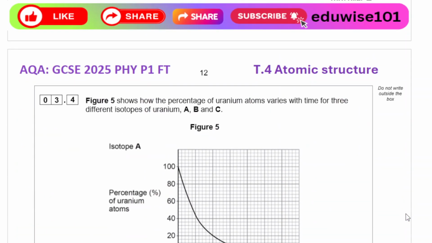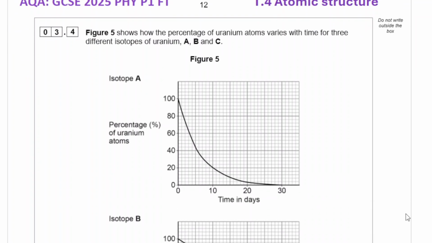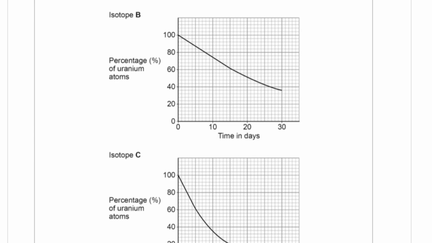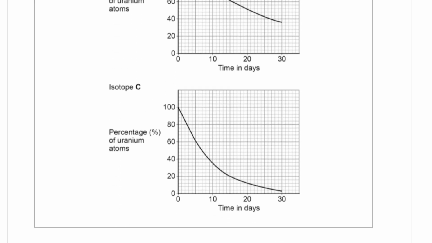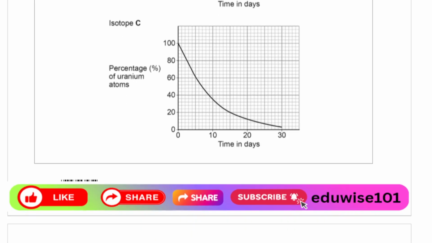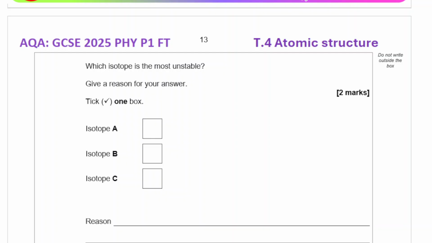Figure 5 shows how the percentage of uranium atoms varies with time for 3 different isotopes of uranium, A, B, and C. So you have uranium, from 100, it takes up to nearly 30. Isotope B and C. Which isotope is the most unstable?